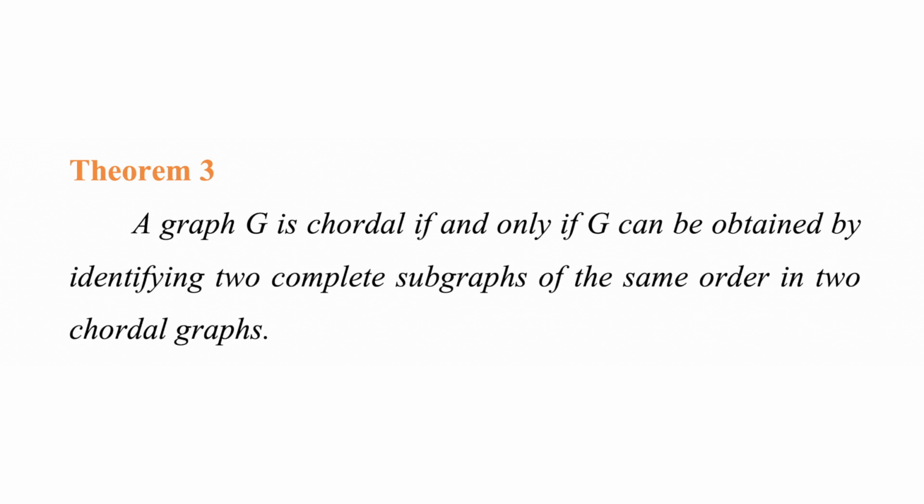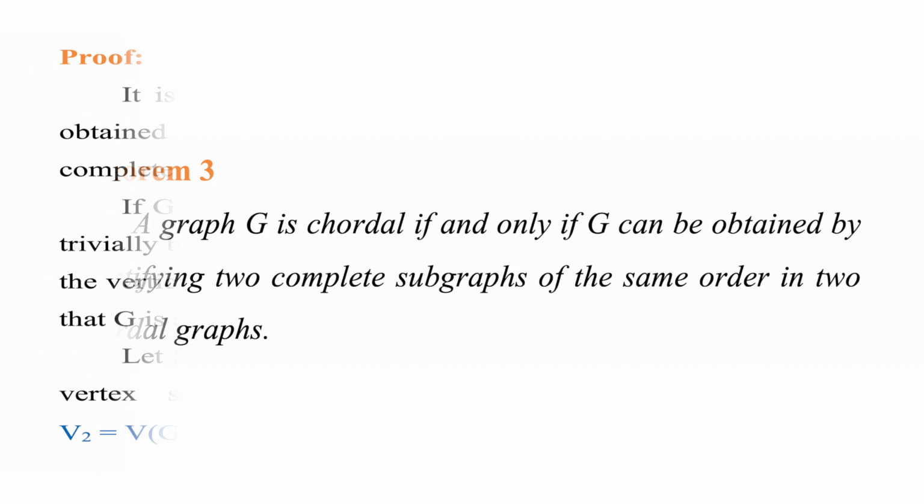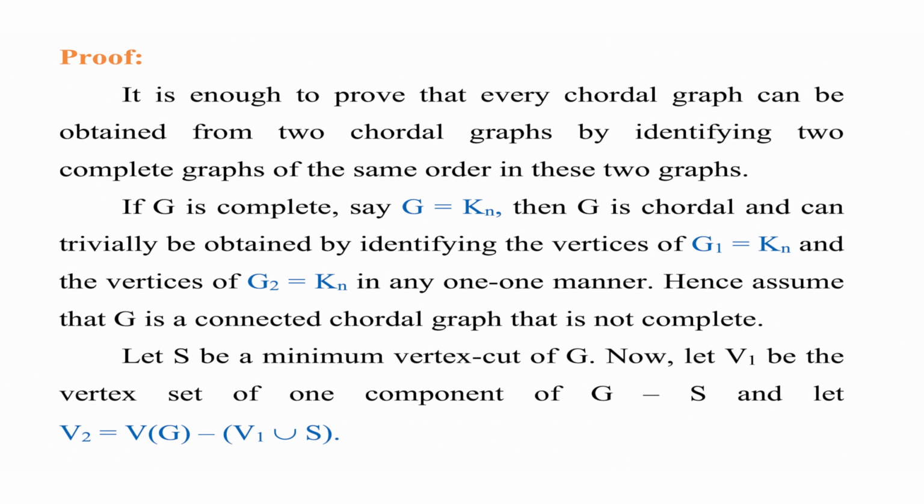This is theorem 3. The statement is, a graph G is chordal if and only if G can be obtained by identifying two complete subgraphs of the same order in two chordal graphs. We shall see the proof now. For proving this, it is enough to prove that every chordal graph can be obtained from two chordal graphs by identifying two complete graphs of the same order in these two graphs.